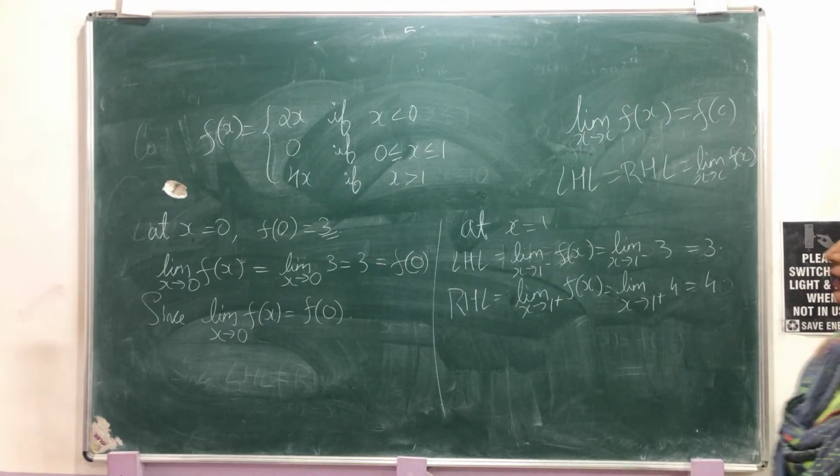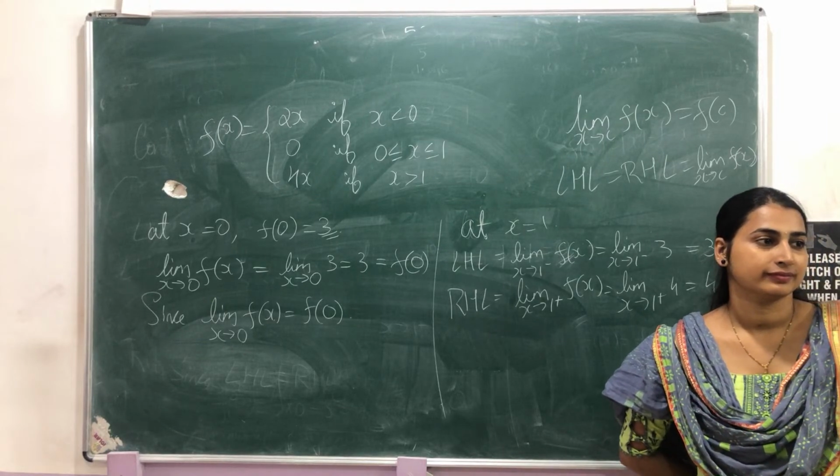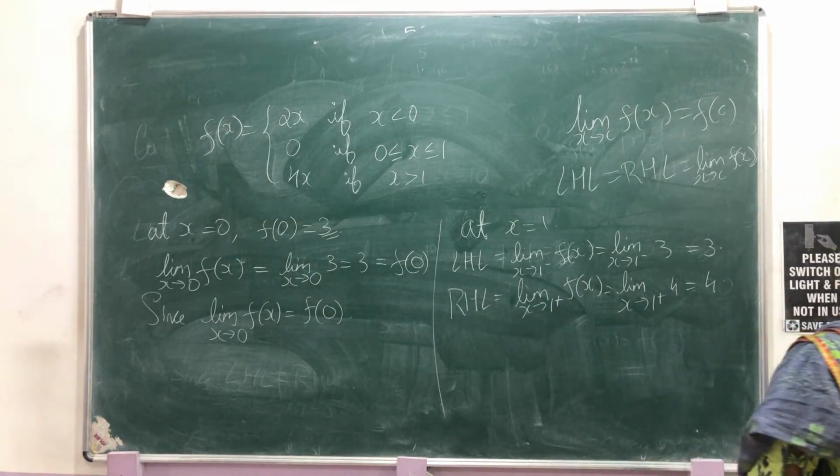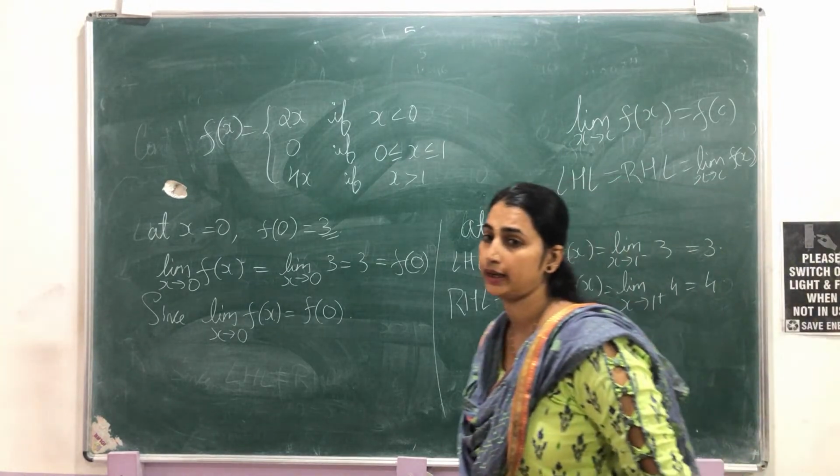How many points are given? 1 and 0. Continue. For 0, which definition do I need to use? You have less than 0, greater than 0, equal to 0, so the second definition.